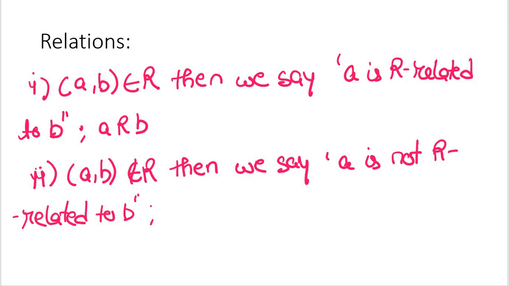That means a is not R related to b. It can also be written as a R prime b. Now let's once again see what I am trying to say by these points.